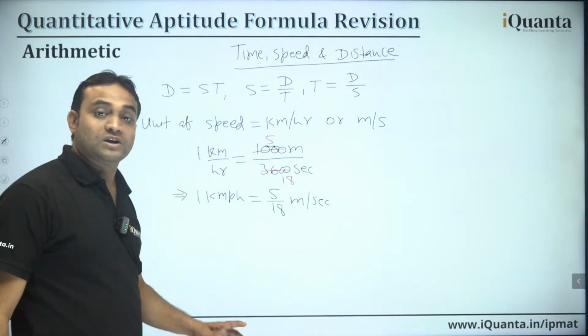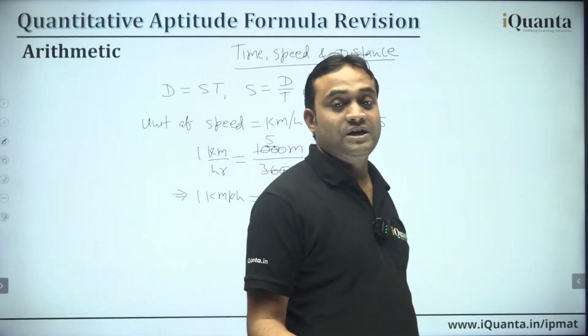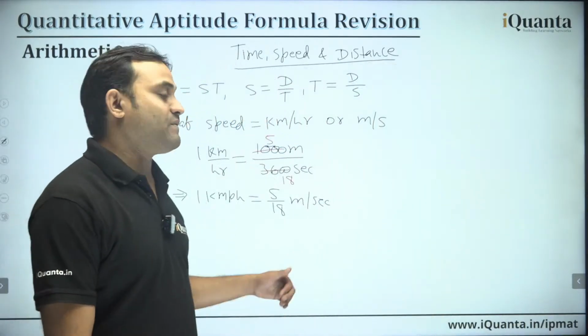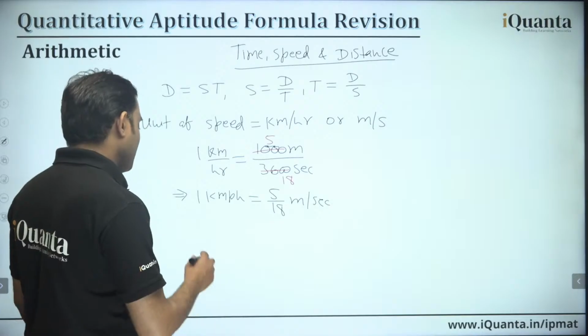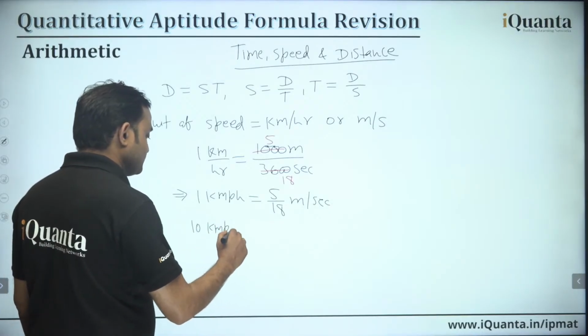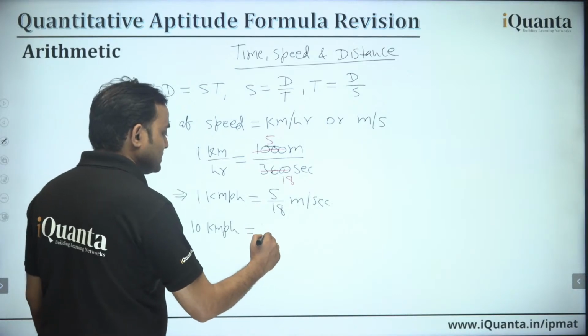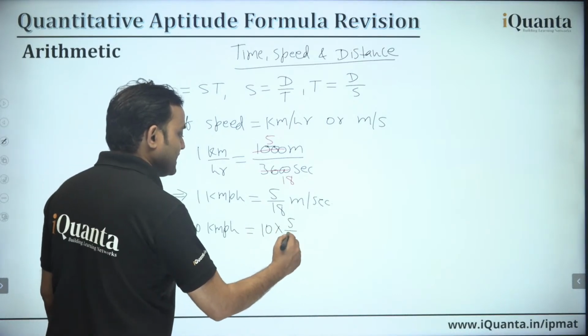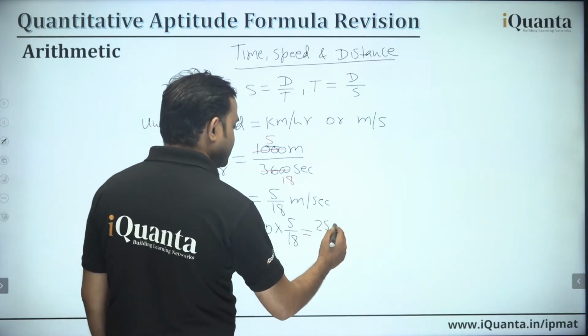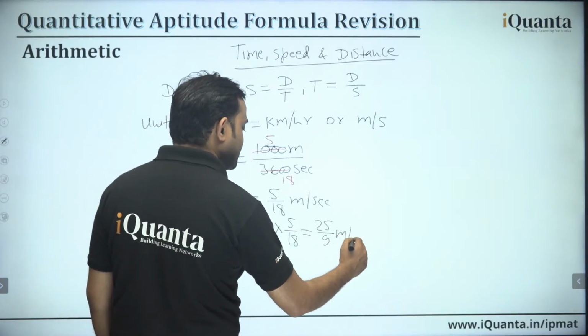So if you want to convert kilometer per hour to meter per second, you need to multiply the value by 5 by 18. Okay? Suppose 10 kilometer per hour, so this will be equal to 10 into 5 by 18, which is equal to 25 by 9 meter per second.